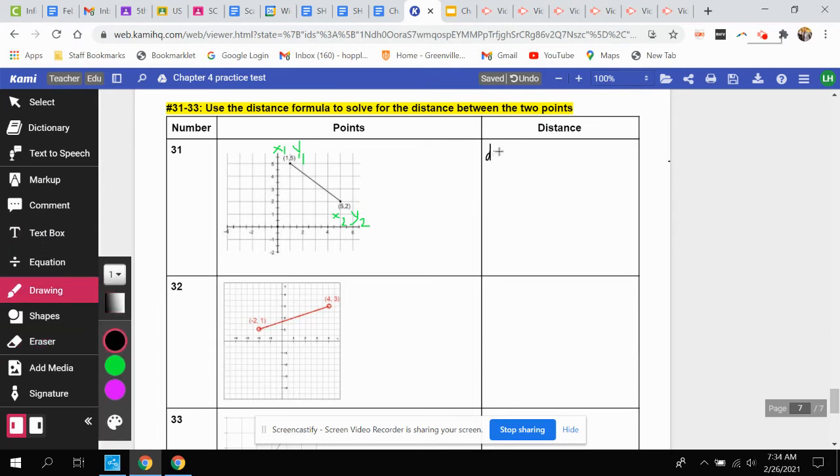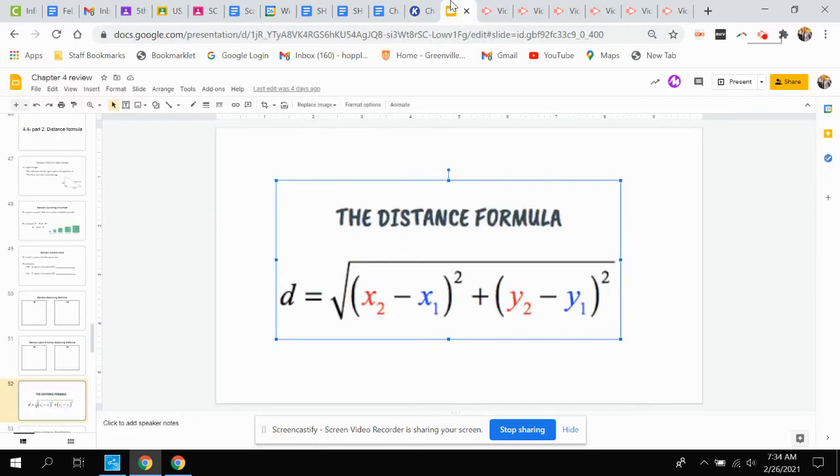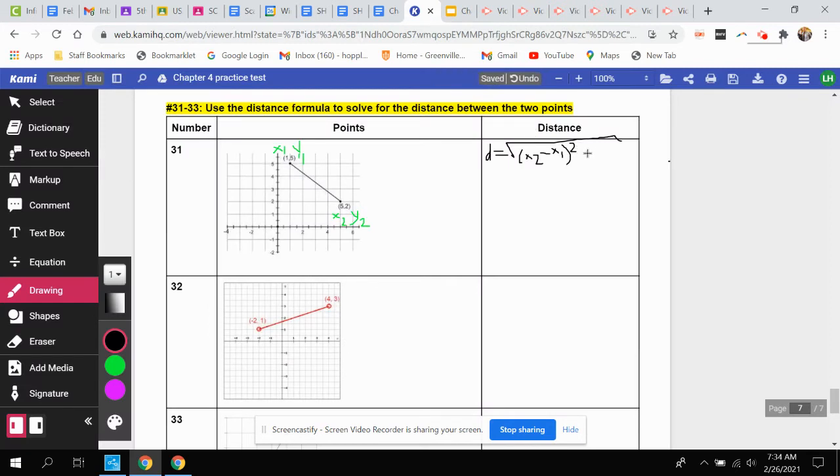So D equals x2 minus x1 squared. Double check that in. We add in the middle, plus y2 minus y1 squared.